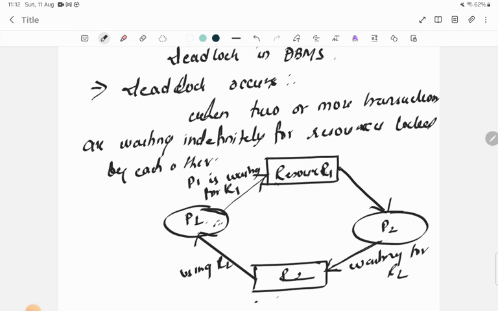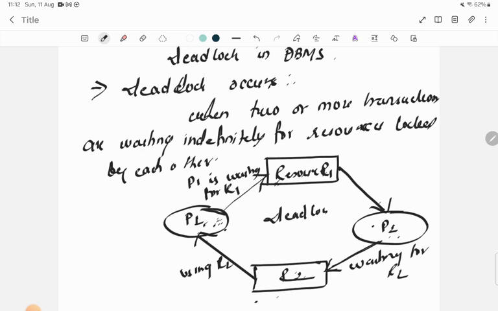So R1 is with P2 and P2 is waiting for R2, but this R2 is with P1 and it is waiting for R1. So this is known as a deadlock, in which two processes are waiting for the resources which have been locked by the other process, and this cycle is never going to end.